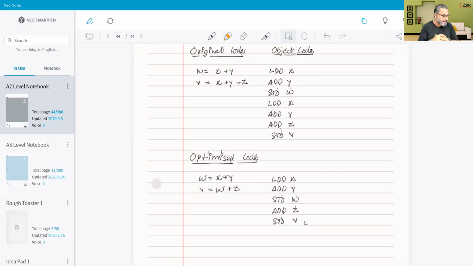Whatever was happening again and again, we have eliminated it. The addition X plus Y is now performed only once, and the second addition can make use of the value W already stored in the accumulator. This optimization can only work if the two lines of code are together in this order in the program.